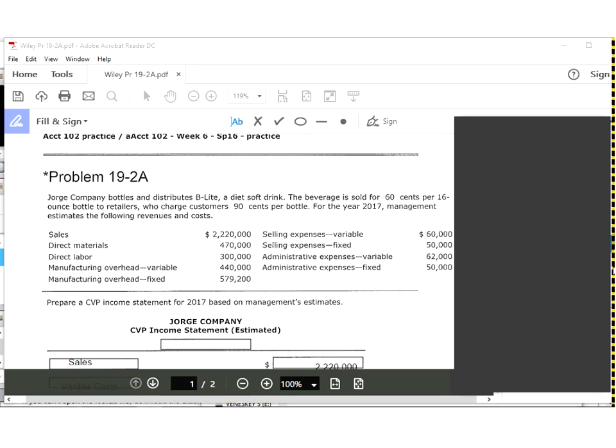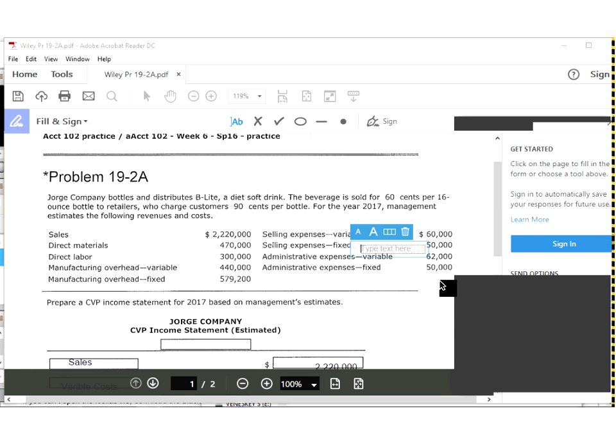That's one of the things I want to do whenever I come across a math situation: I like to break things down into real simple numbers. And then I'm going to do the same thing with much bigger numbers that don't come out quite so nice. So I'm going to take the 2,220,000 and divide that, just how I did if it was 100 bottles at $2 a piece, by 60 cents, because that's what I sell them for.